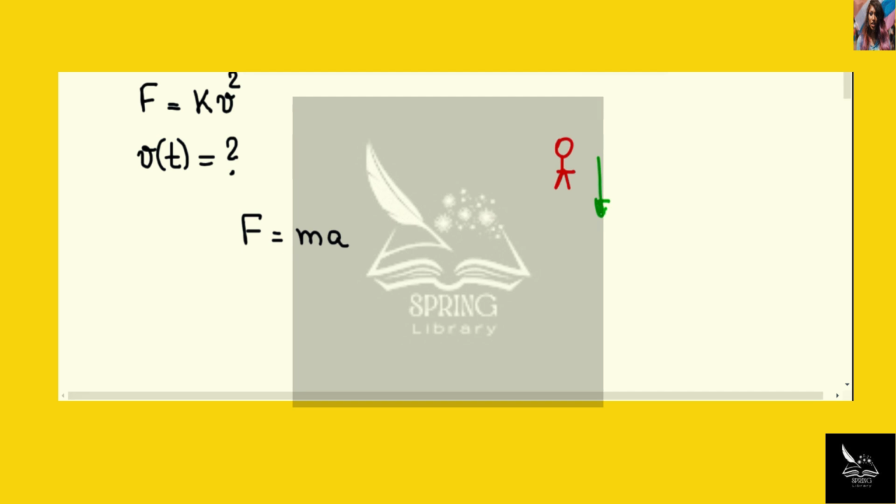The positive direction is downwards. Notice that the resistance force acts upwards, while the gravitational force acts downwards. So we have the weight force, mg, minus kv squared, is equal to ma.